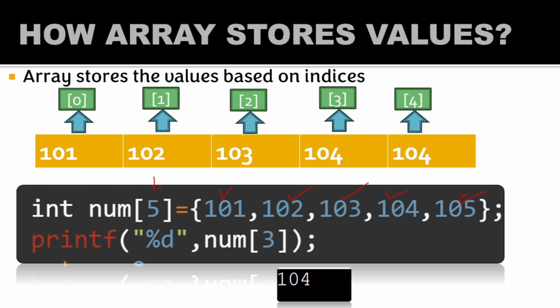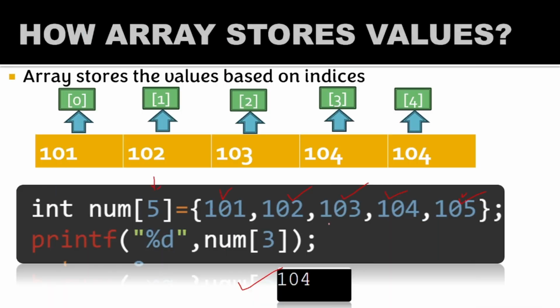If somebody wants to print num[3], what will happen? 0, 1, 2, 3, so 104 will be printed. Here is the output that you see. This is the output of this printf statement. What if somebody wants to store at num[5] or num[6]? There is nothing called num[5]. You can't store there, because the index starts from 0: 0, 1, 2, 3, 4.